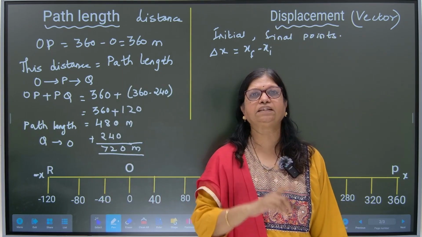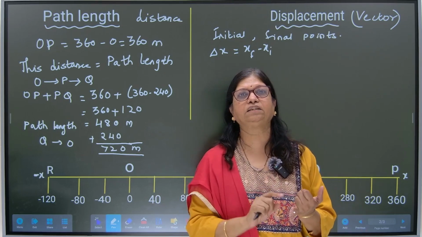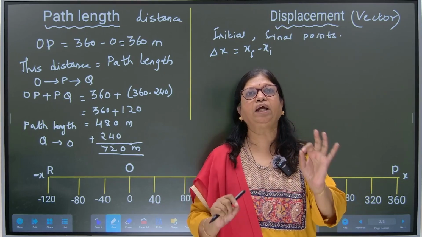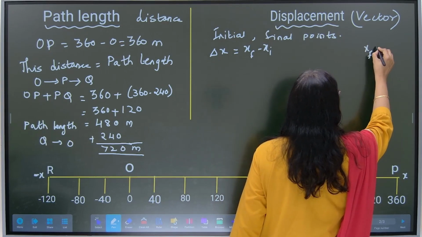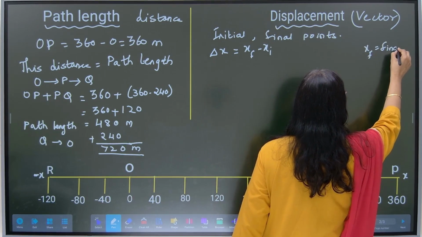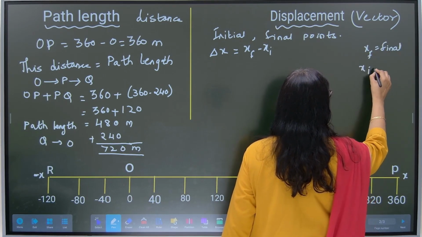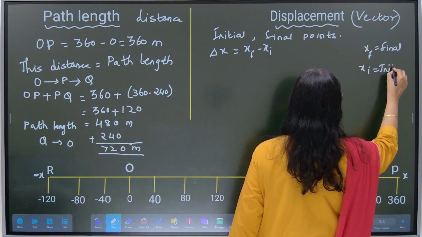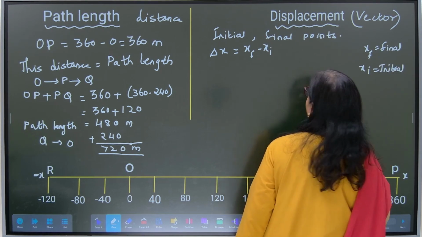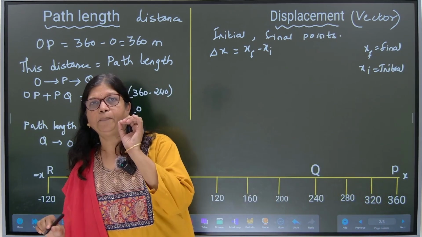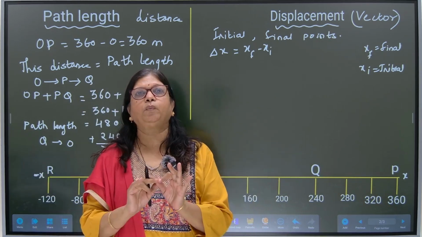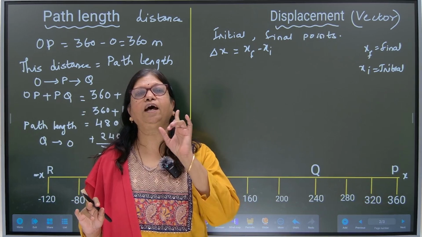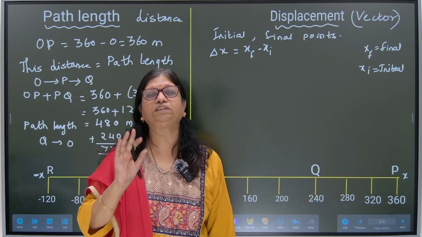I have written xf minus xi to make you understand. Xf is the final position of the body. Xi is the initial position of the body. I just have to pick up these 2 points and subtract them. That is my work. And I also have to consider direction once I get the answer.